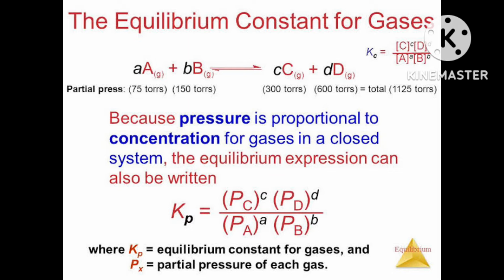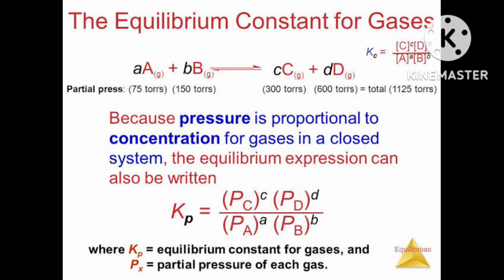Then you have written two equations: the rate of forward reaction is proportional to the product of A and B, and the rate of reverse reaction is proportional to the product of C and D. Now this proportionality sign you can convert into equality by introducing a constant, K1.